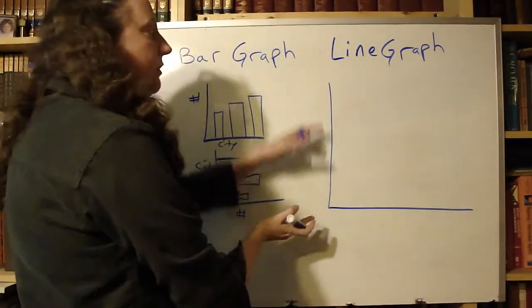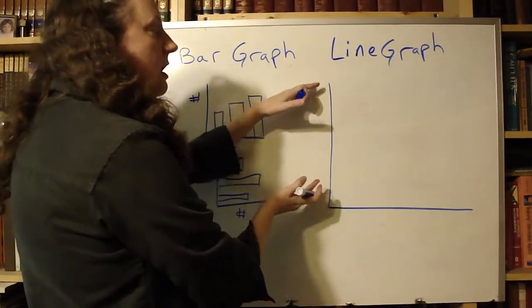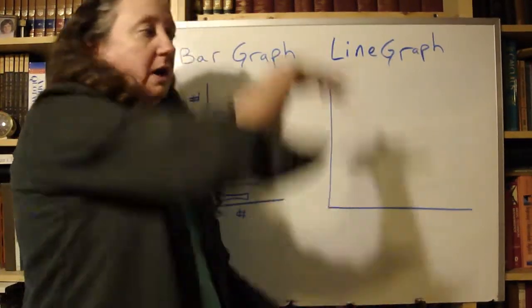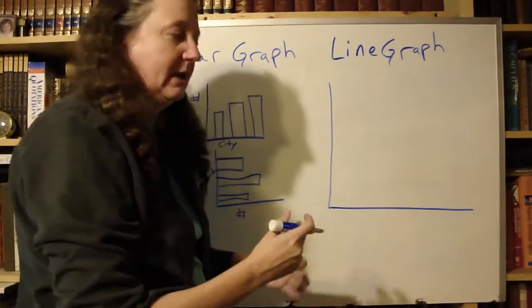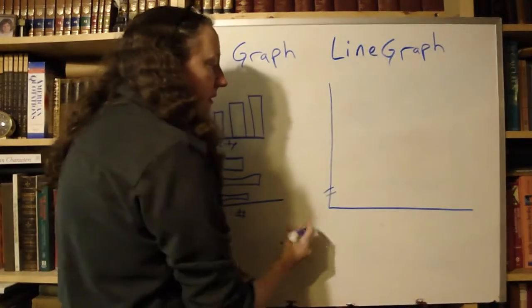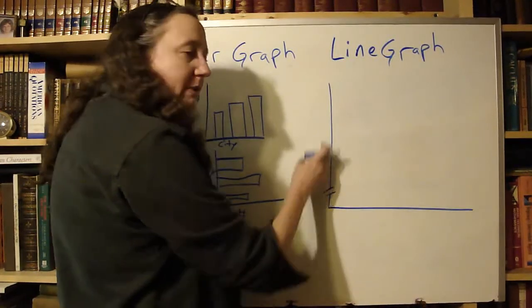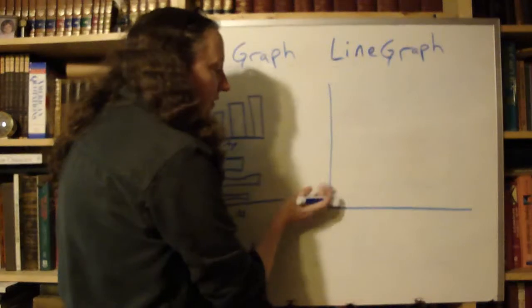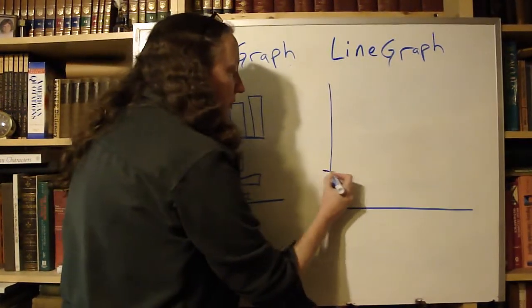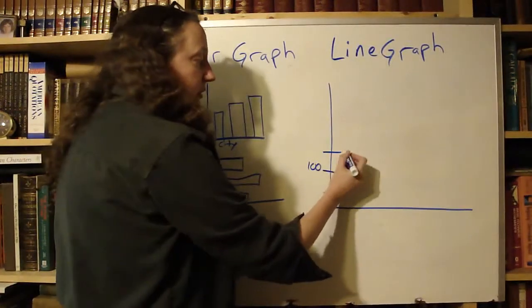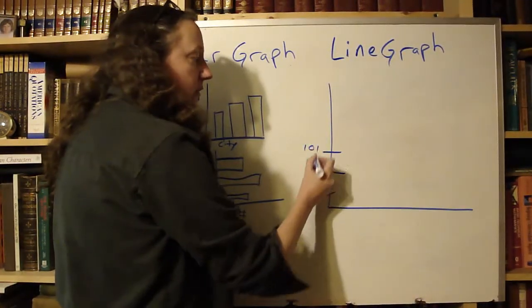Also, when looking at a line graph, you might have numbers that are too big to fit on here and not be able to scrunch them together or have them way too spread out. So you might put little lines in here to say, I'm going to skip a bit on this scale. So if I put these lines in here, I could then go up here to, let's say we're starting at 100, but we still want to count only by ones.